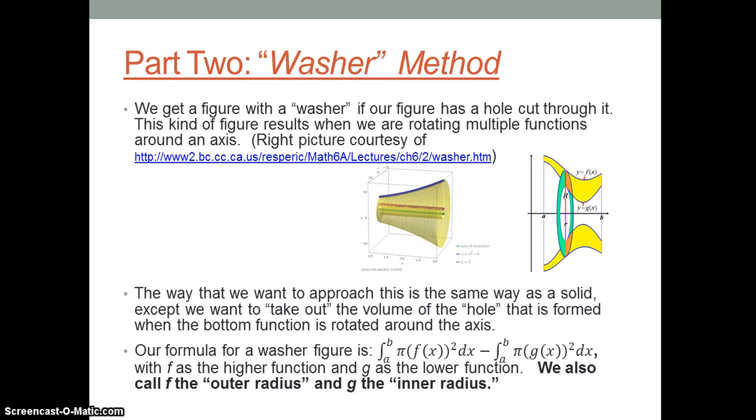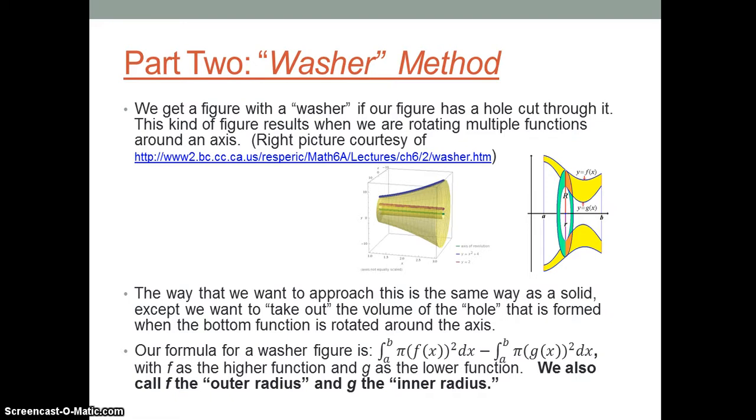So our formula is we want to find the volume formed when we rotate f of x around the x-axis. So that's the integral from a to b of pi f of x squared dx. And subtract away the volume that we get when we rotate g of x around the x-axis. That's the integral from a to b of pi g of x squared dx. Notice that we are separating our two functions.